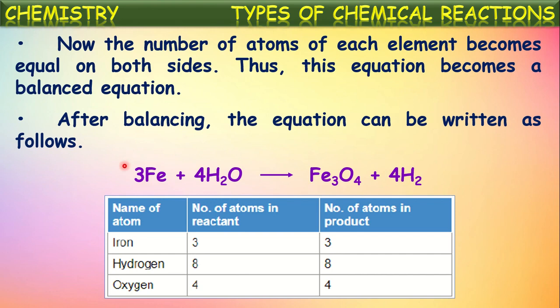This is correct. But if we take the unbalanced equation, from that we cannot get the accurate quantitative relation. Okay, that becomes wrong then. That's why always we have to use balanced chemical equations to understand the relations between the atoms, molecules or substances participating in the chemical reaction.